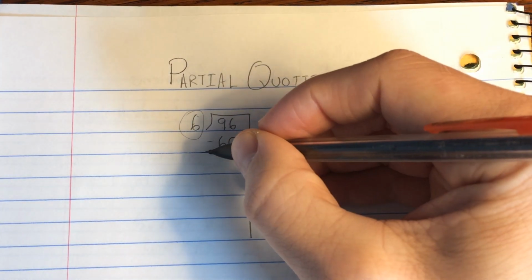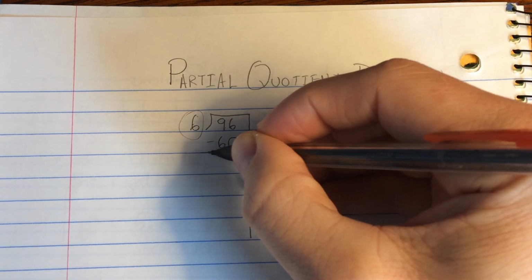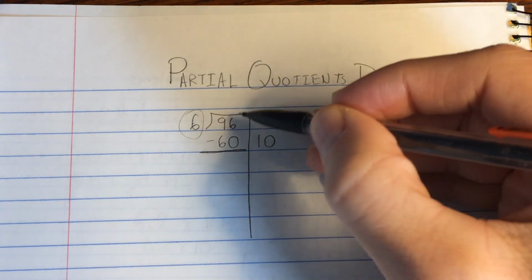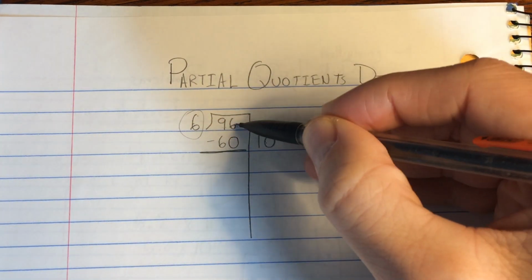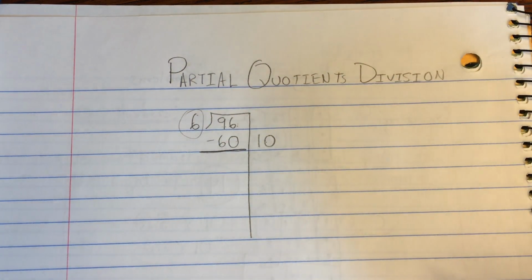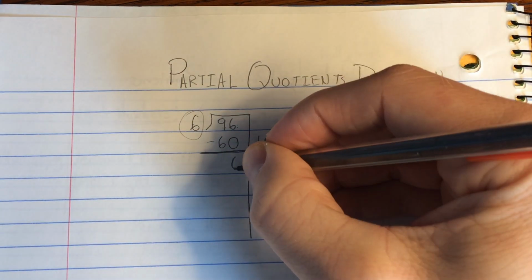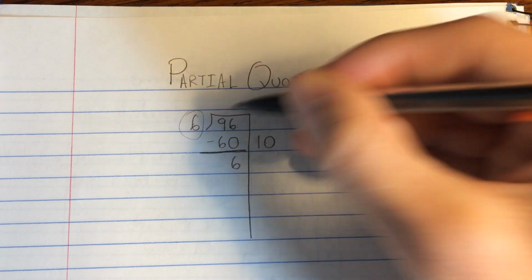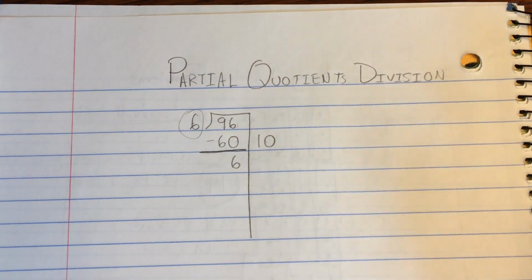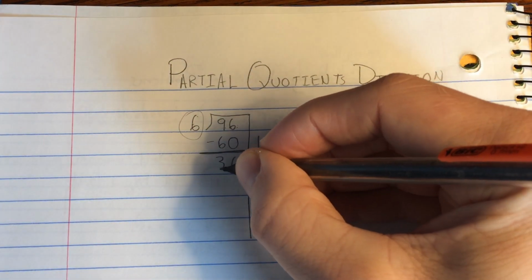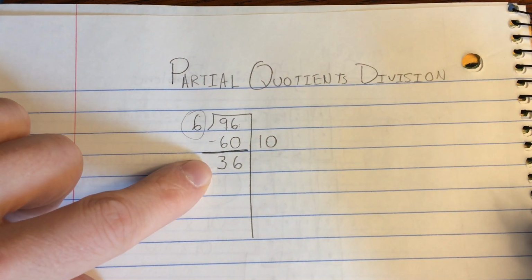So I'm going to ask you to do some quick subtraction here. What is 6 minus 0? That's 6. What is 9 minus 6? That's 3. So here's what we have left.